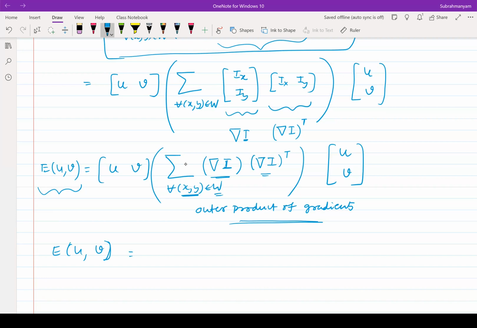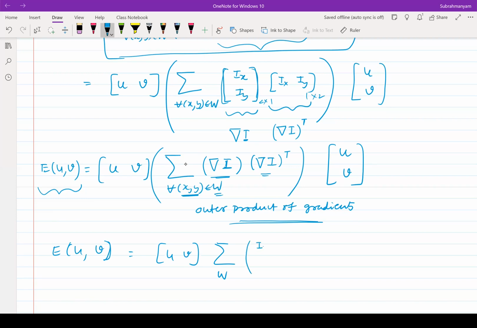That would be equal to u, v, and then summation over the window. If you take this 2 cross 1 with this 1 cross 2, you multiply them. So what do I have here?